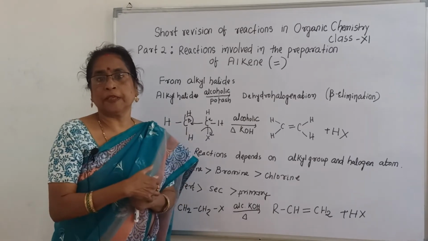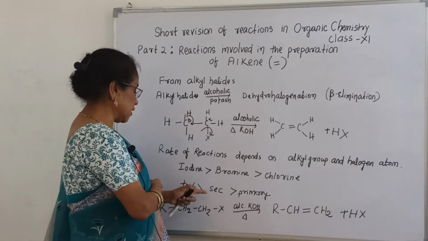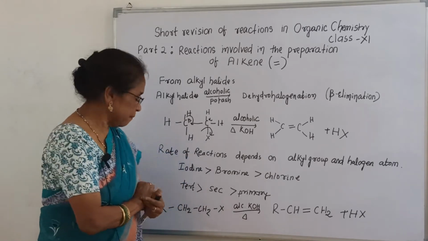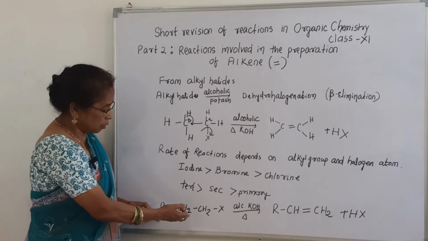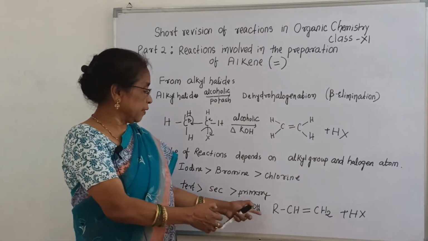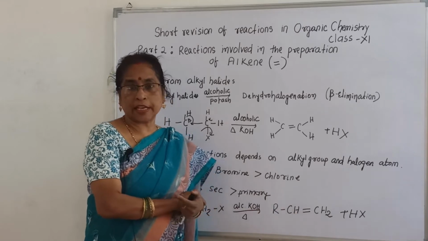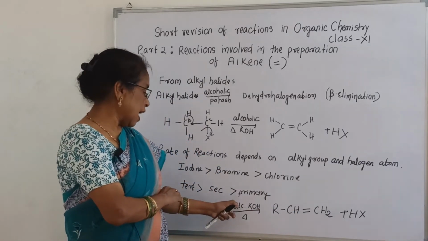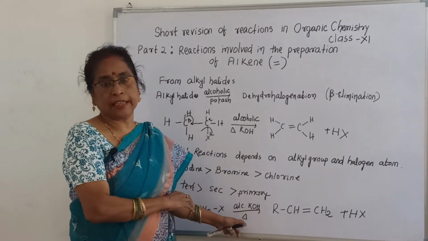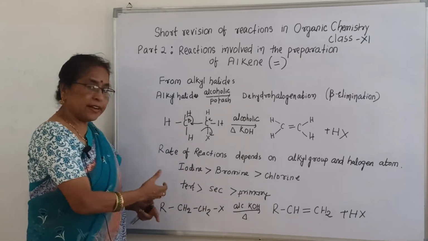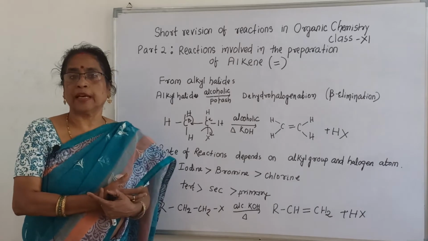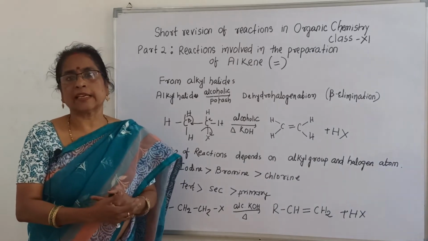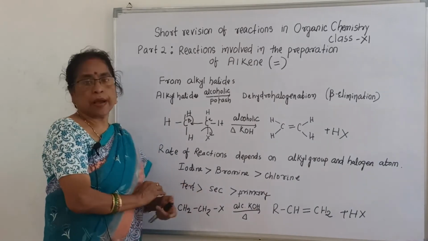If a tertiary group is there, it is faster than secondary, than primary. That is why here you can also take the example of a primary haloalkane. It will give alkene plus HX with alcoholic KOH and heat. Now you will see what happens if a secondary or tertiary alkyl group is there, and we will proceed one by one.